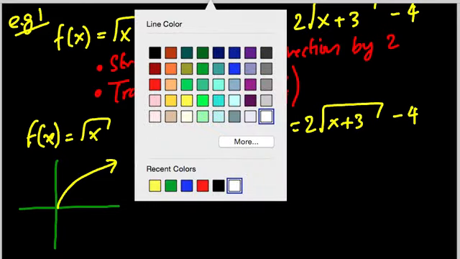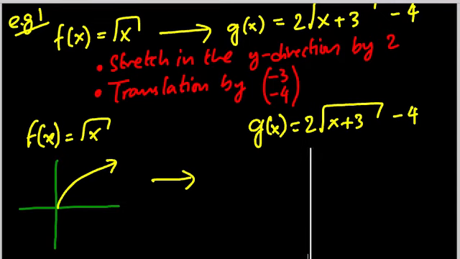So let me just draw the axes here in white. Let's start this way. Remember, we start with this square root function right here. This is our start. The first thing that happens is that there's a stretch in the y direction by 2.